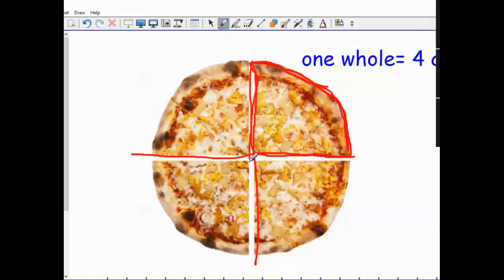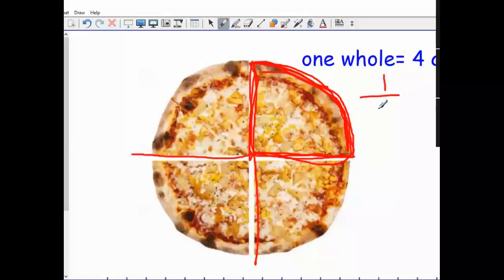The colored part in red, I call it what? Yes, Macarius? One quarter. Yes. 1 quarter. Because it is what?